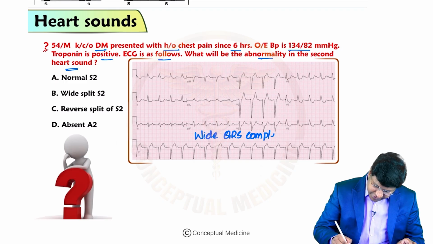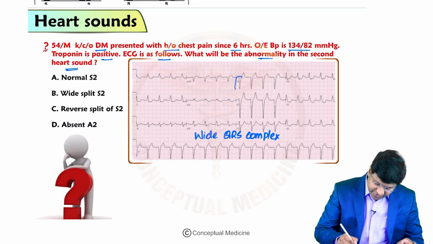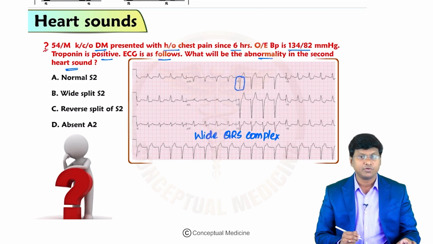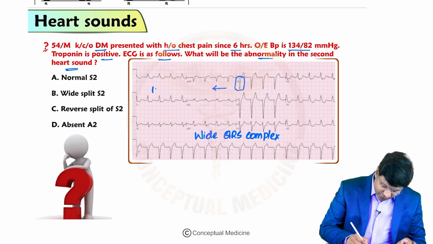First and foremost, there is a wide QRS complex. Followed by that, the S wave in V1 is wide and deep.